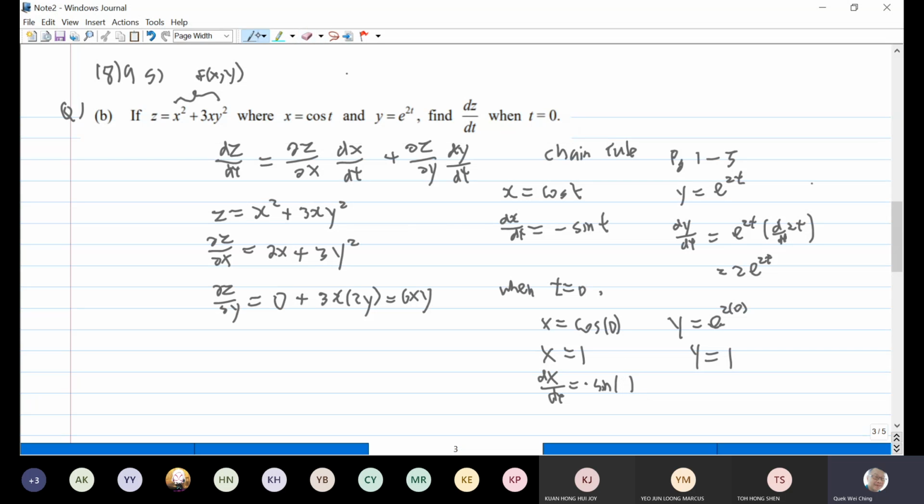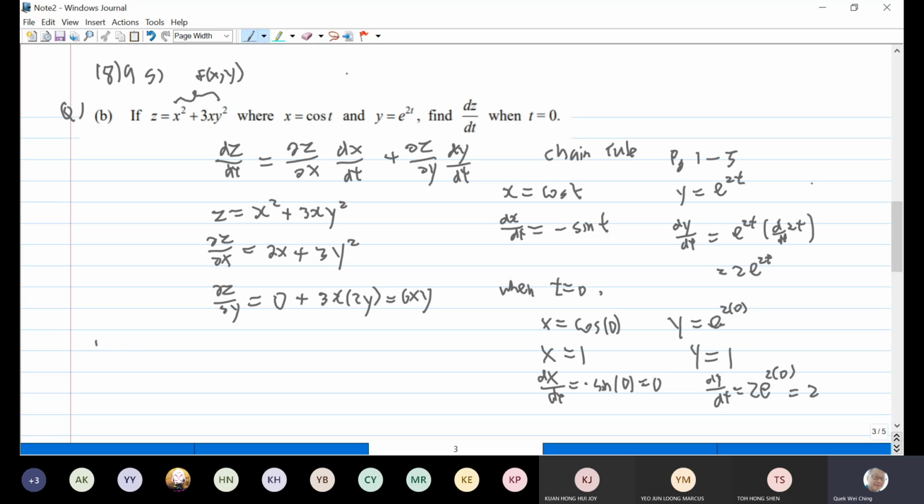So sine 0 is 0. And then dy dt is again 2 times e power 2 times 0, which is actually 2. So I can pull down this. Okay, so let's write down this.